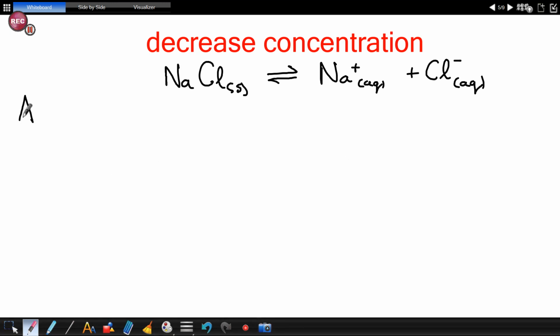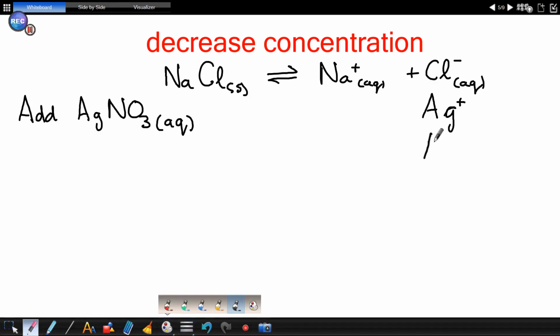Okay. Let's add another chemical, silver nitrate. Now, when you add a silver nitrate solution, that silver ion will grab onto the chloride ion, and it will form silver chloride solid.